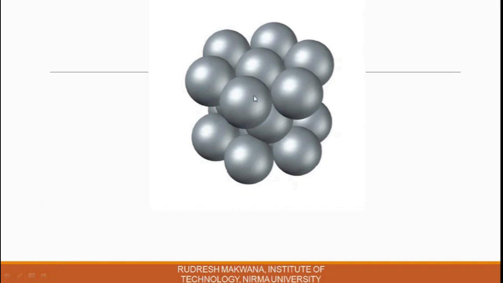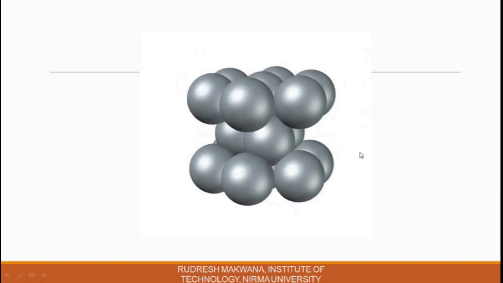As you can see, there are 3 atoms between these 2 layers. So this is the top face, this is the bottom face, and there are 3 atoms in between these 2. If we look at this unit cell from another direction, it looks like this. So in this view it is clearly visible, 3 atoms inside this hexagonal cell.